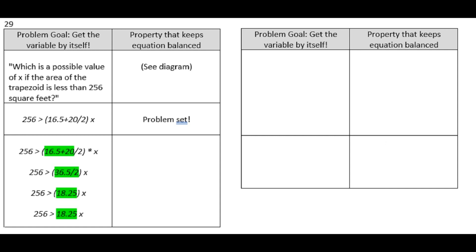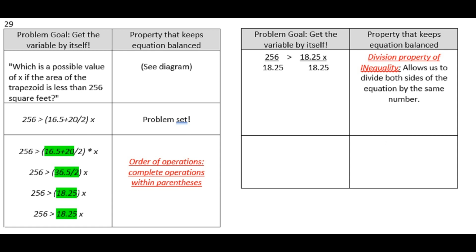So 18.25 times x is less than 256, or 256 is greater than 18.25x. It's the same thing. So that's our order of operations. Now let's go ahead and solve this by dividing both sides by 18.25. Whenever you divide and you have an inequality, you have to make sure whether your number is positive or negative.